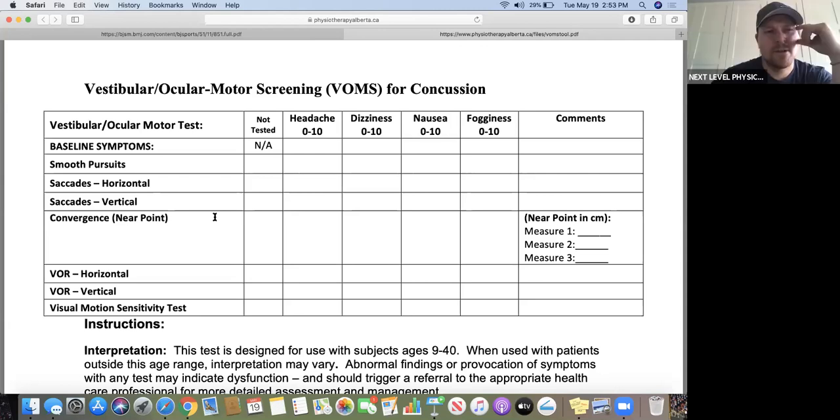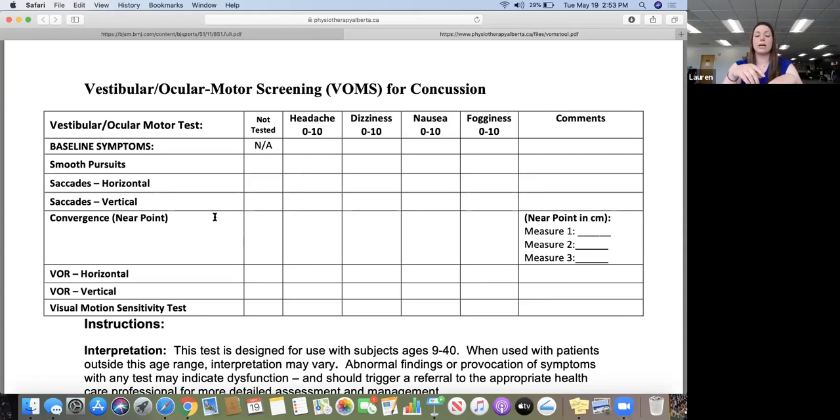What's VOR stand for? Vestibular ocular reflex. So that's your ability for your eyes to go in the opposite direction that your head moves to keep your gaze stable. So however fast your head moves, your eyes should move equal and in the opposite direction, but at the same velocity.